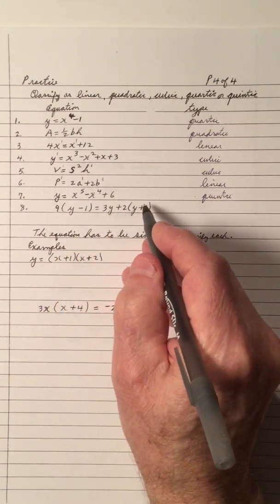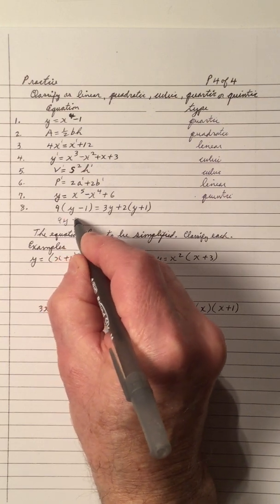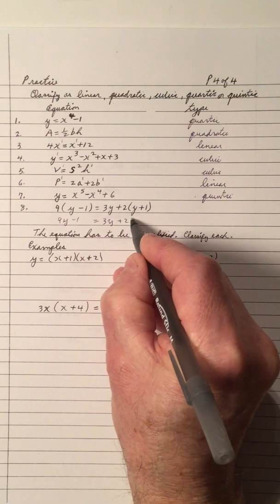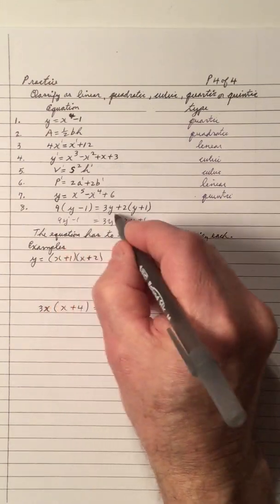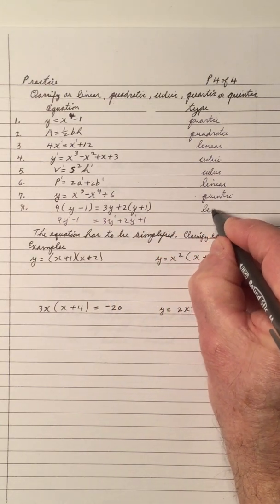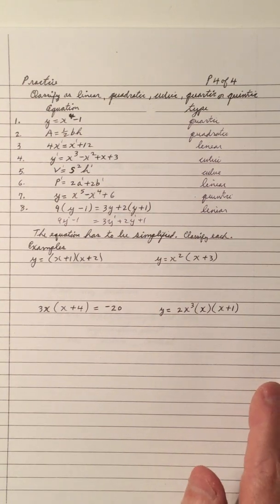And right here, if you simplify this, you got a 9y minus 1, and you got a 3y plus 2y plus 1. So altogether, we only have a 1 degree, and so that's a linear with one variable.